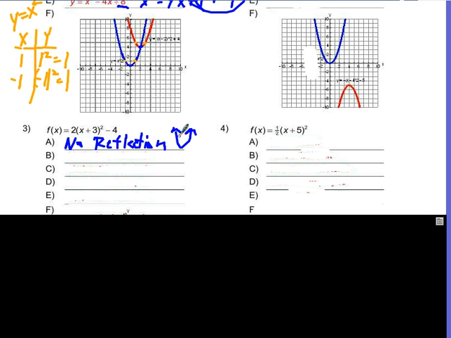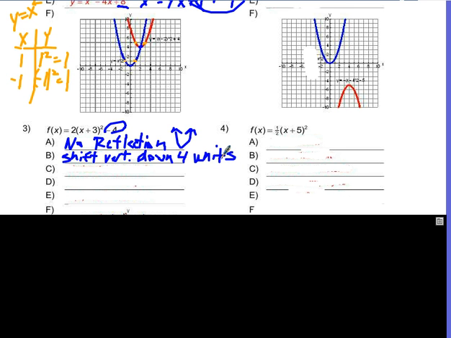The next thing is, does it have vertical shift? Again, you look at the number at the end for that. That's k. So this is going to shift vertically, not up, down 4 units. Vertical down 4 units.